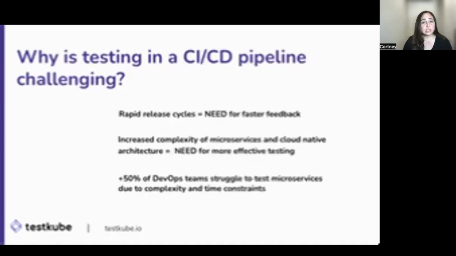This is particularly challenging in environments where applications are built using microservices and cloud native architectures. And in these cases, the interdependencies between services can be super complex, making it very difficult to test effectively.